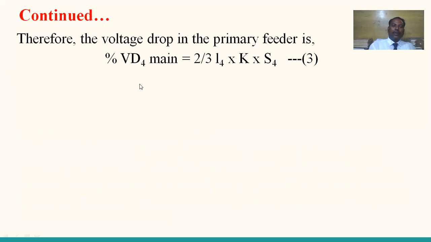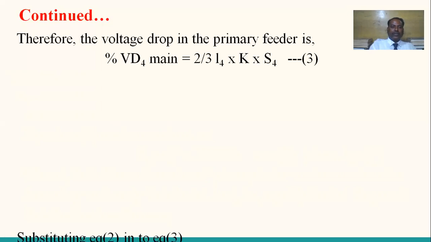So the voltage drop of one feeder out of 4 feeders is equal to 2/3 of L4, the center point of the load, times K, the percent voltage drop per kVA-mile, times S4, the load.